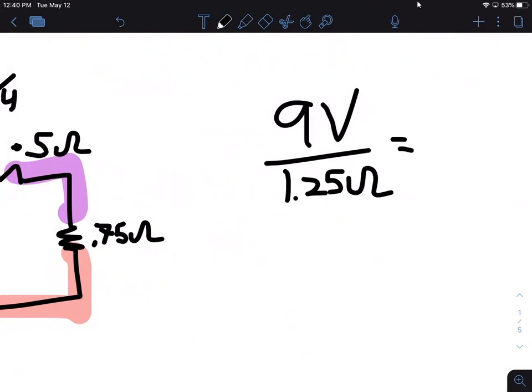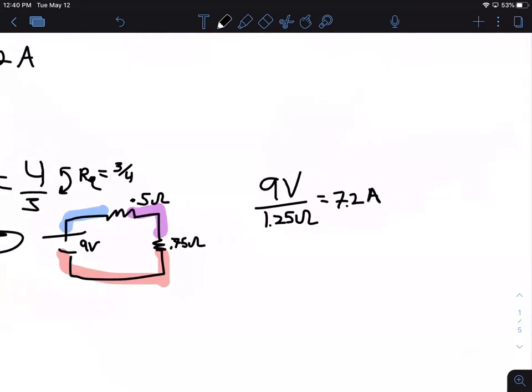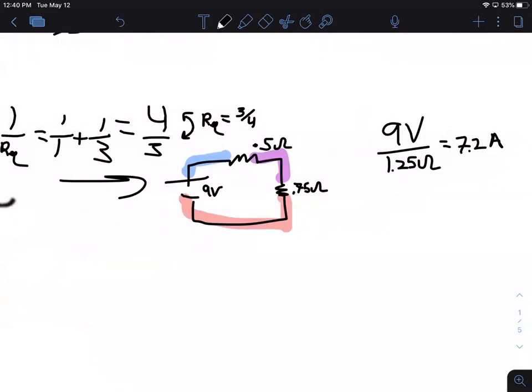Does that come out to a nice number? Nine divided by 1.25. It doesn't. 7.2 amps. Well, we've got to get used to not perfect numbers at some point.